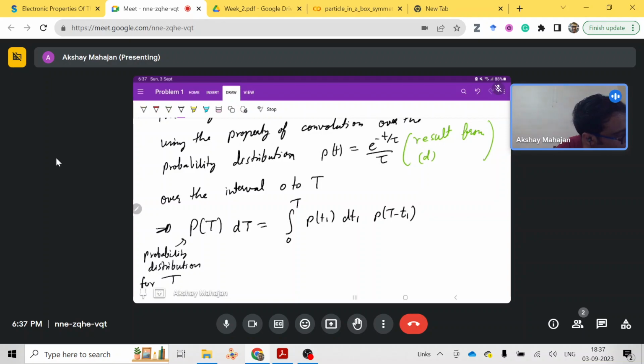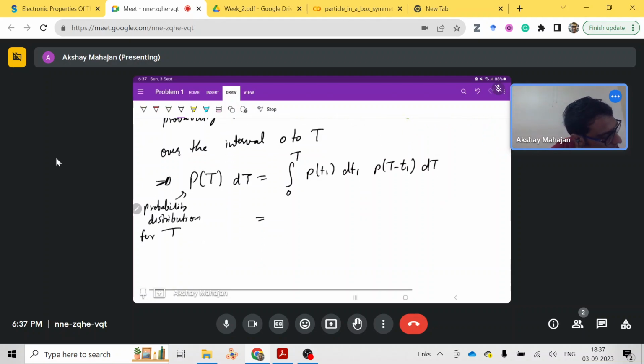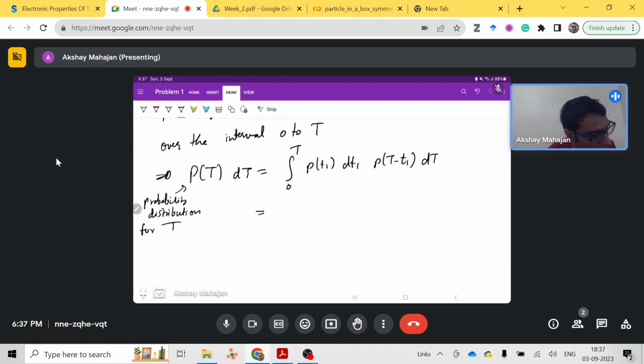You can Google what convolution of probability is and you will understand it much better. I'm not going to go into the detail of what convolution of probability is. You can check it out in a probability and statistics textbook.